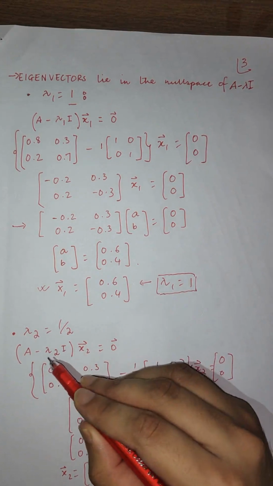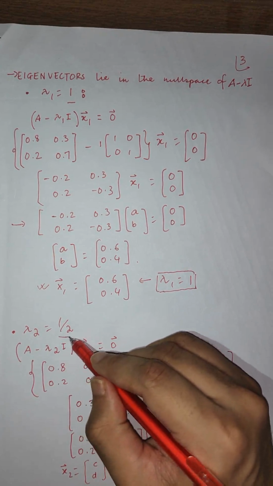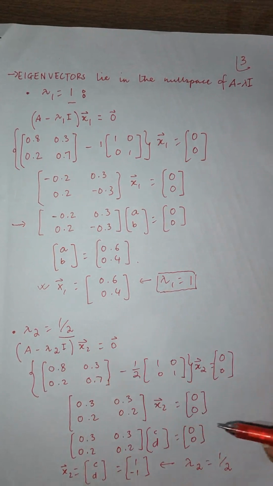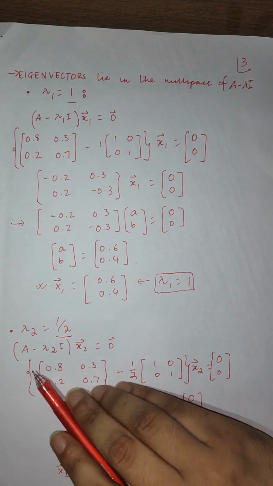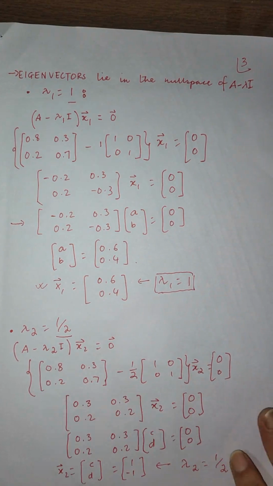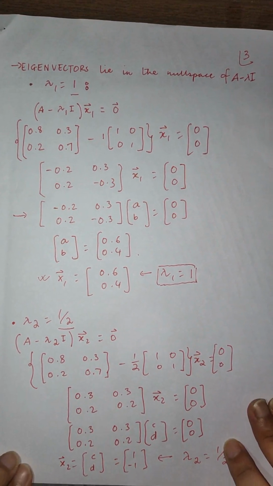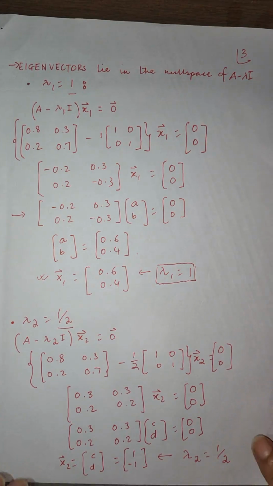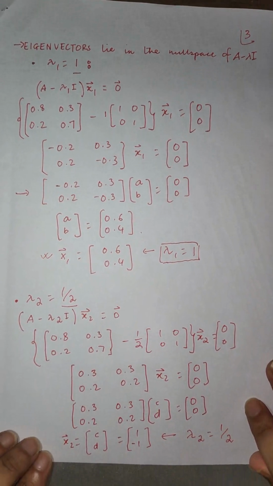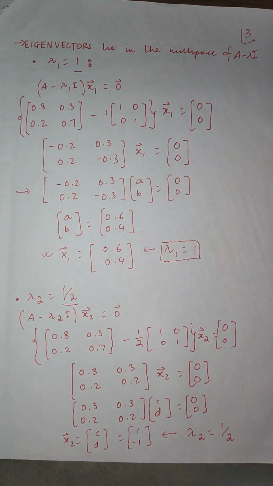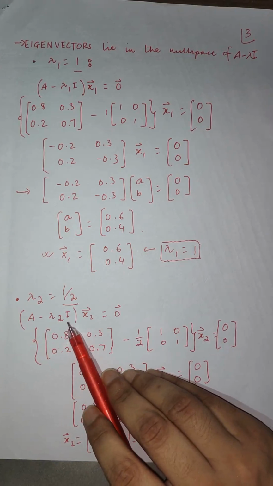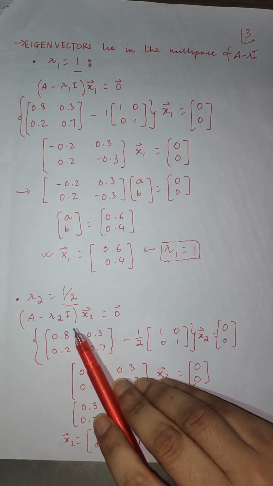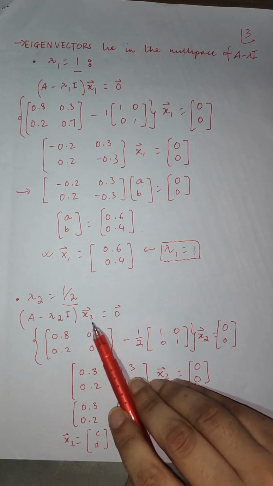Afterwards we just work with the second eigenvalue. Again, we do the routine work. We start with A. Let me fix this a little bit. We start with A minus the second eigenvalue times the identity matrix times this eigenvector.